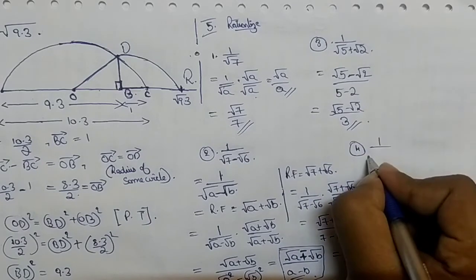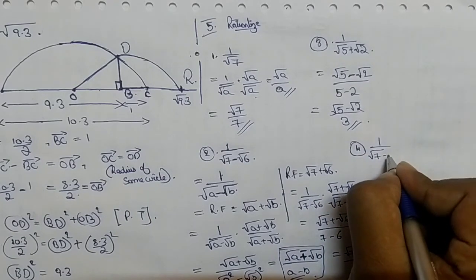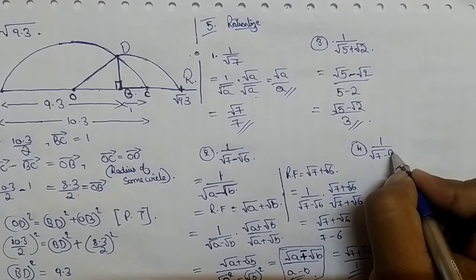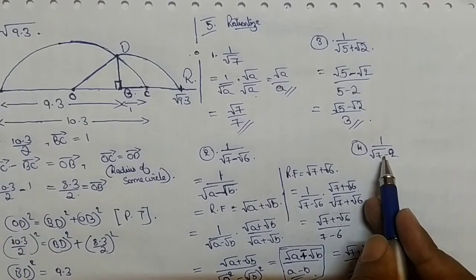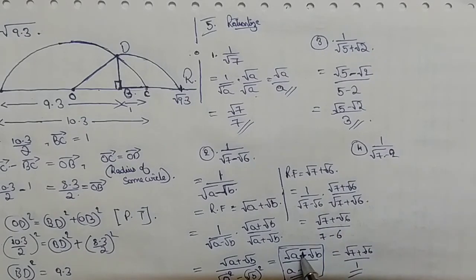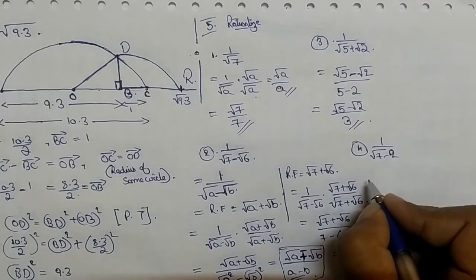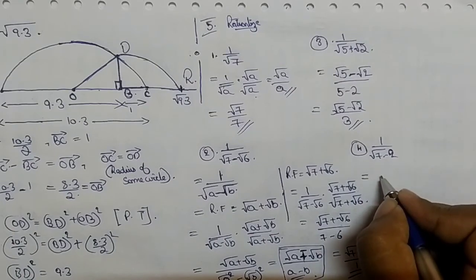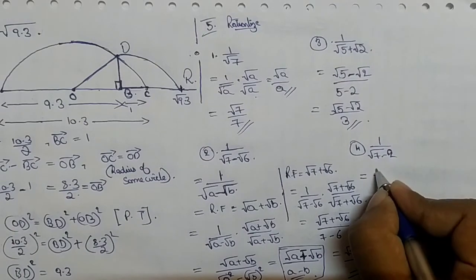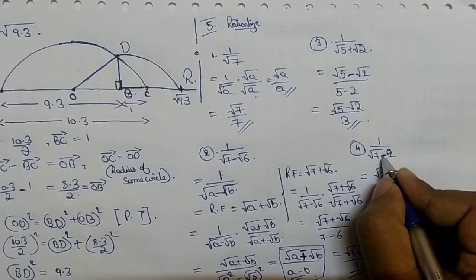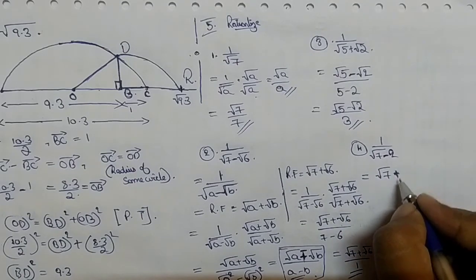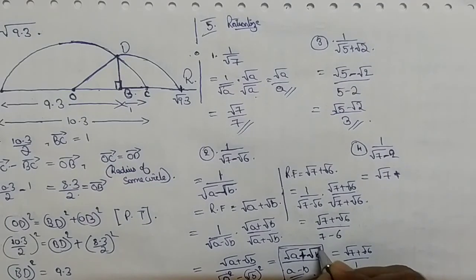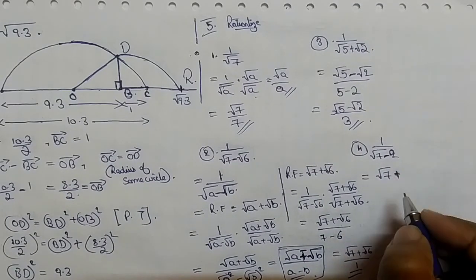Fourth one also, 1 by root 7 minus 2. See, this also you can write in this form. Here, since there is a minus sign in the denominator, you need to take a plus sign in the numerator. Taking this, root a, root 7, here there is a minus, take plus, and root b, but here we have 2.